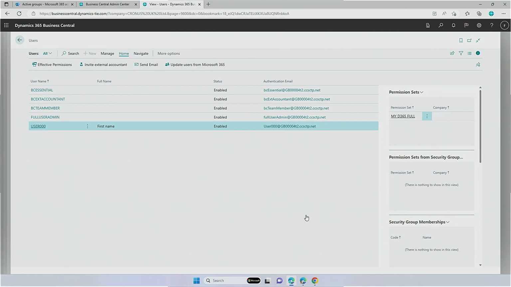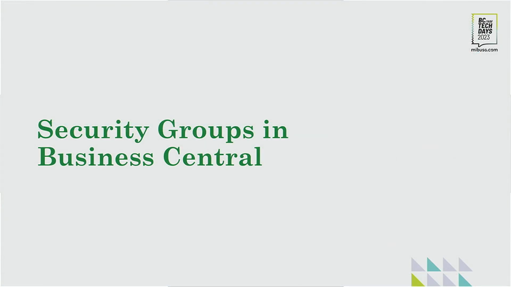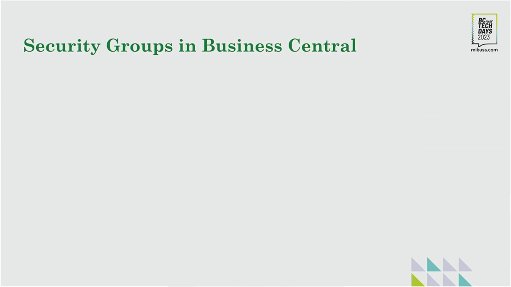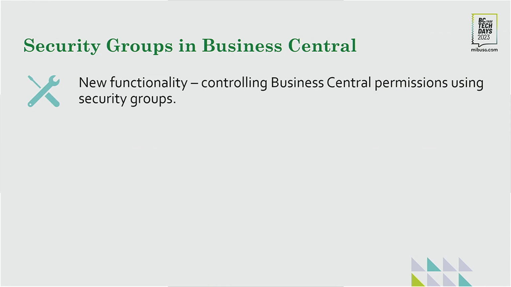But we did some more with security groups, right? Yes, because security groups in Business Central, you can not only use to control access, you can also control permissions in Business Central using security groups. So we actually integrated security groups right into Business Central, and now it allows you to control permissions using security groups.